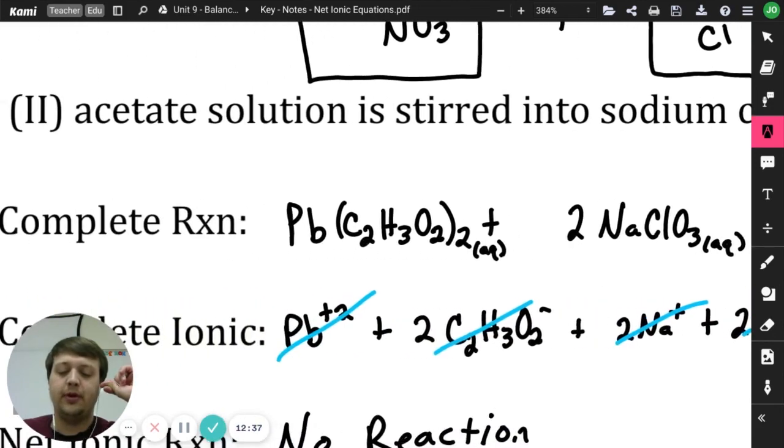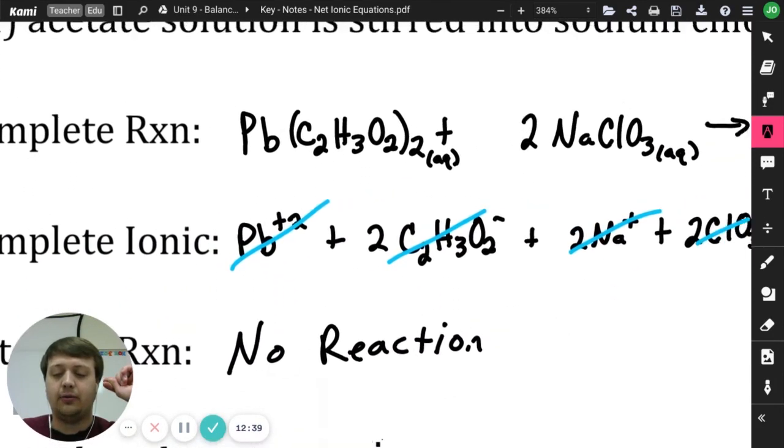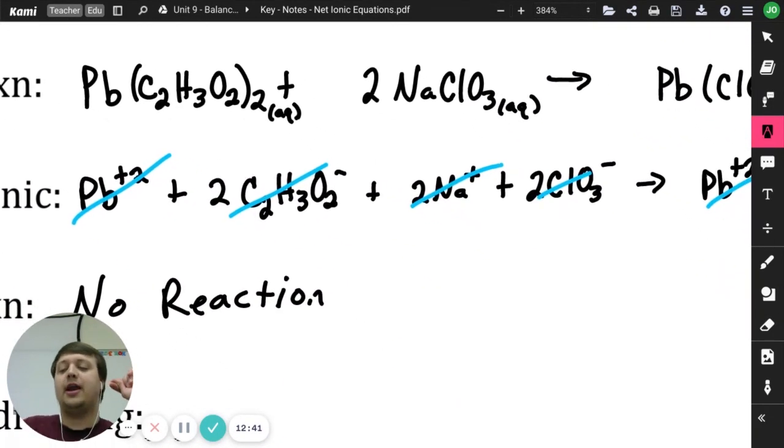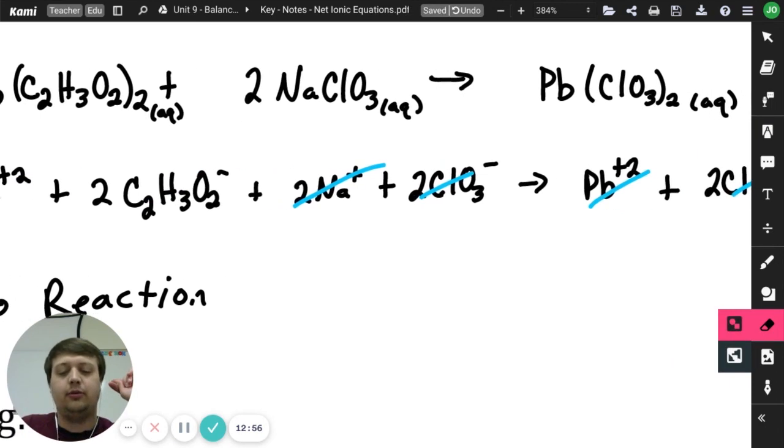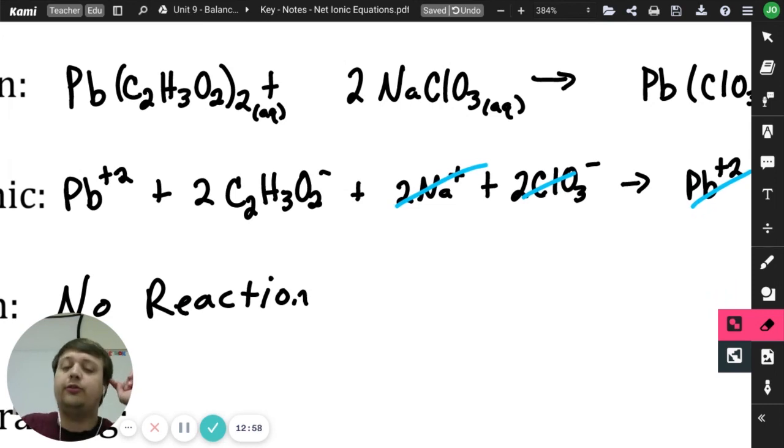Okay? Then I did my complete ionic reaction, and so I separated out everything that was soluble, aqueous, into its different ions. So lead acetate turned into Pb plus 2, and C2H3O2. There were two C2H3O2s, so I did signify that with a 2 in the front there.